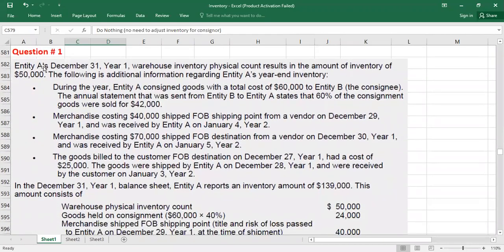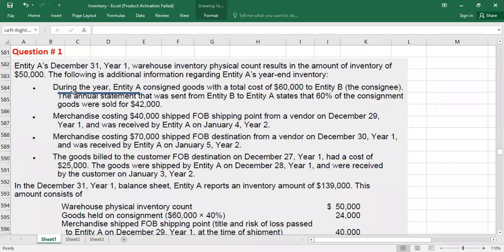So here we have entity A's December 31st, year one, warehouse inventory physical count resulting in an amount of inventory of $50,000. Let's assume you are the accountant of entity A and you have a physical count of $50,000. The following is additional information regarding entity A's year end inventory.